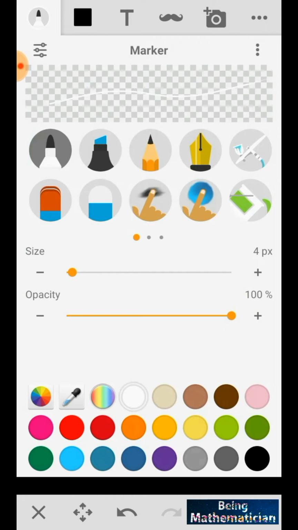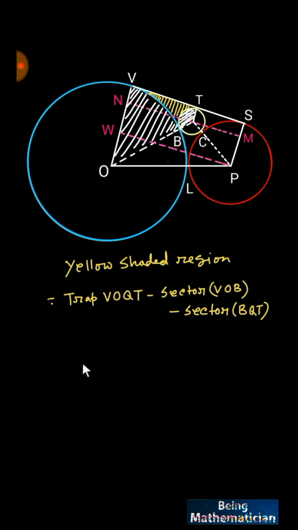So the area of trapezium BOQT is half into the sum of parallel sides. Here the parallel sides are BO and QT.